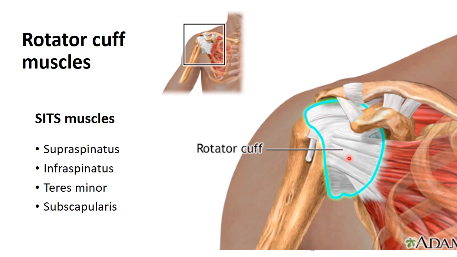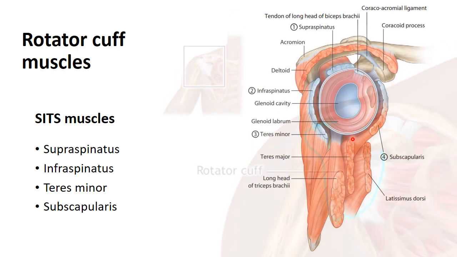They will blend with the joint capsule, forming a musculotendinous collar. A collar means a cuff, as if we are putting a glove on the shoulder joint to stabilize it. So musculotendinous means a cuff formed by muscles and tendons.